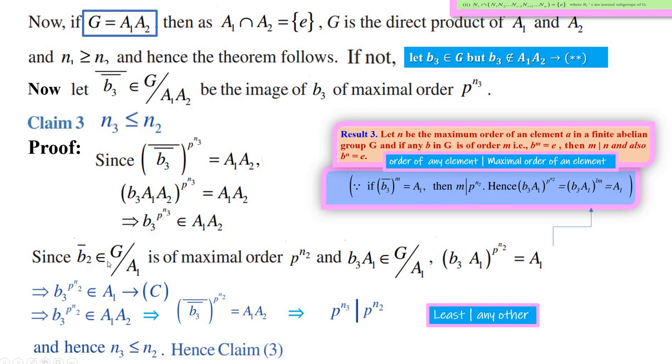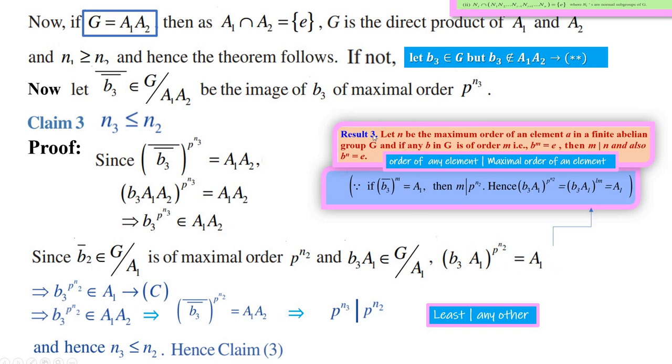Now since B2 bar belongs to G mod A1 and is of maximal order P power N2, and B3 A1, which is a member of G mod A1, B3 A1 power P power N2, so if we consider that, that is A1, where from this one comes.